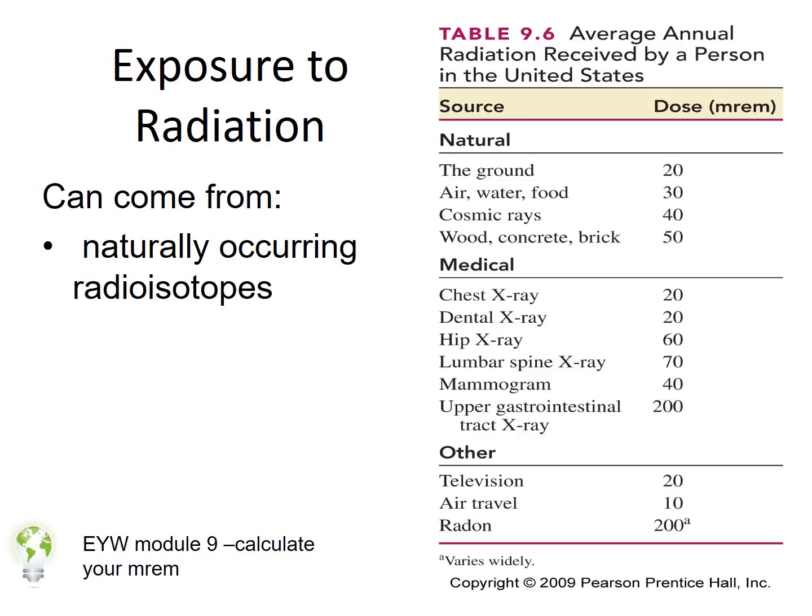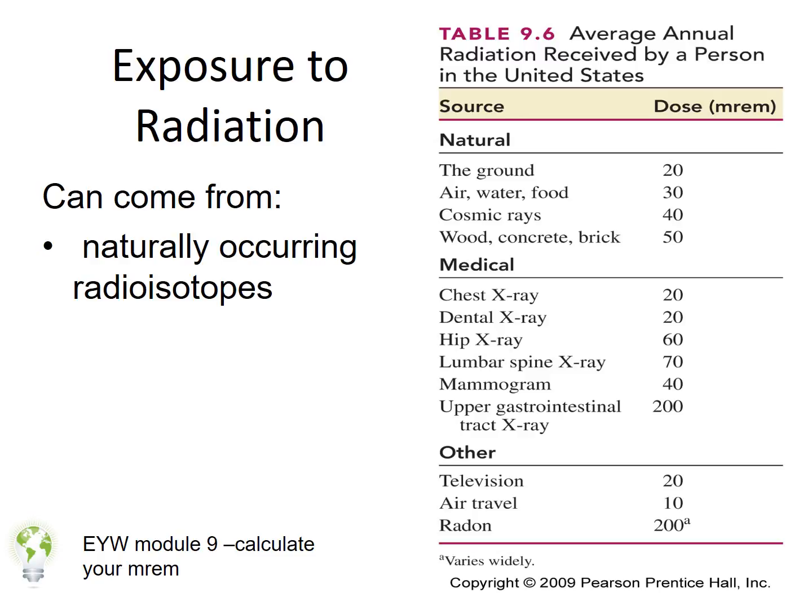Well, x-rays are radiation, and they give you a dose of radiation. Hip x-rays, lumbar, spine x-rays, mammograms, upper GI. Let's say they have you drink the barium stuff and then give you an upper GI x-ray to see how your intestines are working and your stomach is working. That's actually a very high dose of radiation.